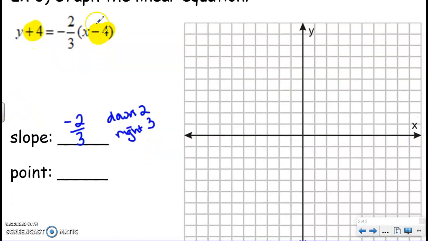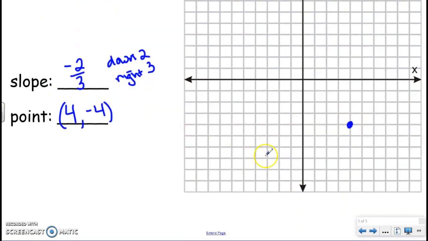And then I highlighted my numbers that are with my x and y. So if I have x minus 4, I use a positive 4. And if I have y plus 4, I'm going to use a negative 4. So I'm going to go right 4 and down 4. And then from there, my slope said down 2, right 3. So I'm going to go down 2, right 3, down 2, right 3.